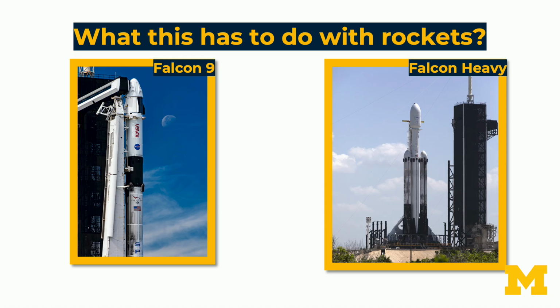Well, instead of redesigning their engines so they have a larger exhaust velocity, they just add more engines to it. A Falcon 9 has 9 engines. That's why it's a Falcon 9. The Falcon Heavy has 27 engines. So they just add 3 times as many engines. That's 3 times as much thrust.